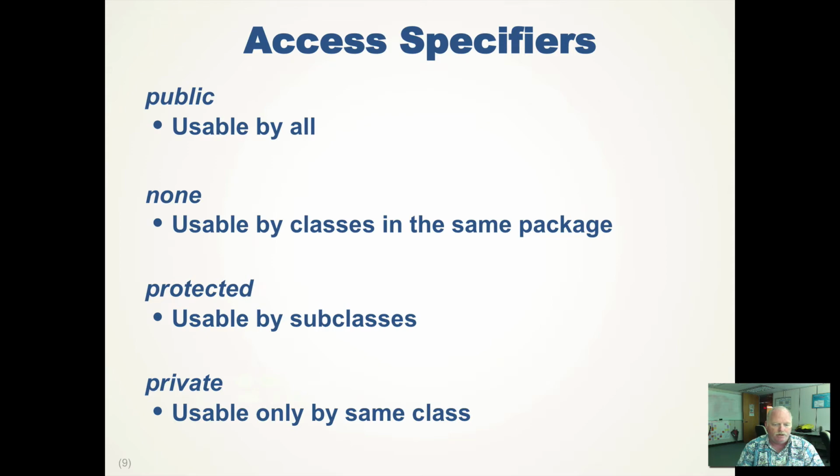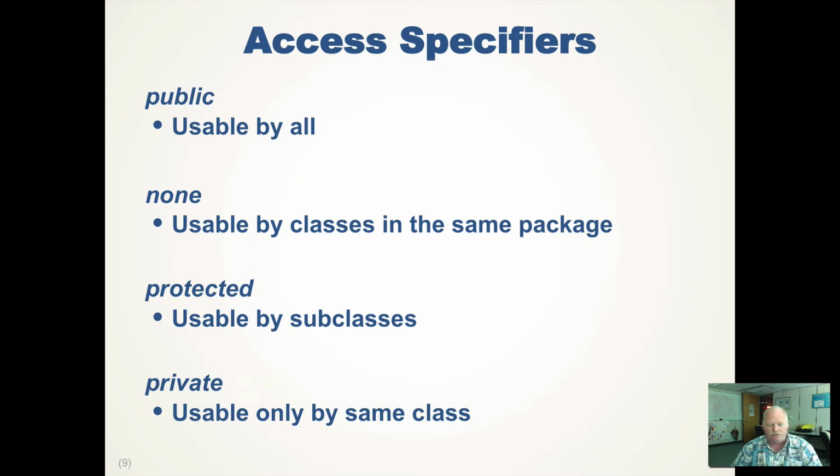If you make it private, it's only usable by my class. Subclasses can't use it, no one else can use it. If it's public, it's usable by everybody. So Java has this protected that allows you to restrict it to your class and any subclasses. And so that's a nice way of making it so that member variables are usable by your subclasses and not usable by everybody.